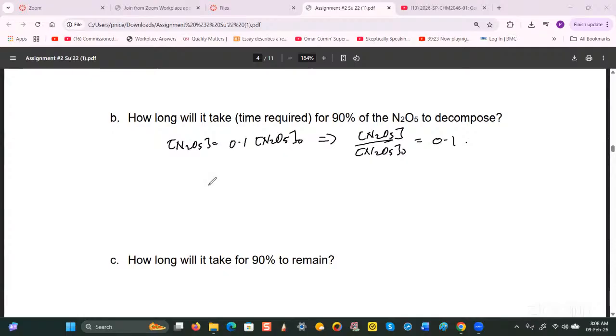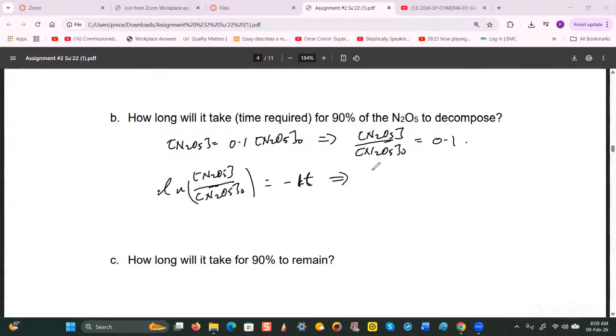So as I said before, one form of the equation that can be used would be ln of the concentration of A over A0, or let me use N2O5 instead of A. So ln of the concentration of N2O5 over the initial concentration of N2O5 equals minus kt, right?